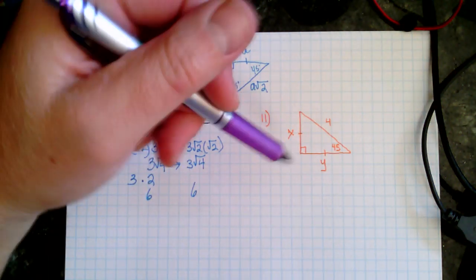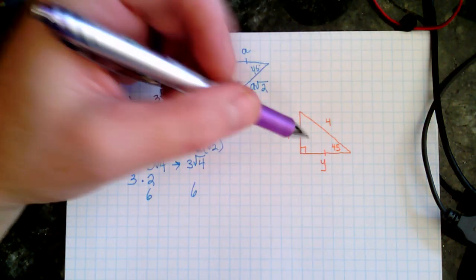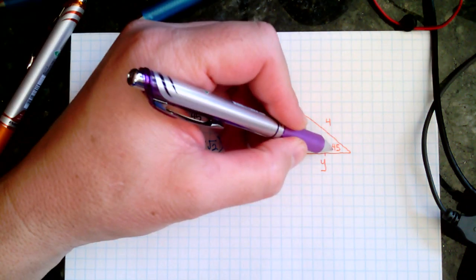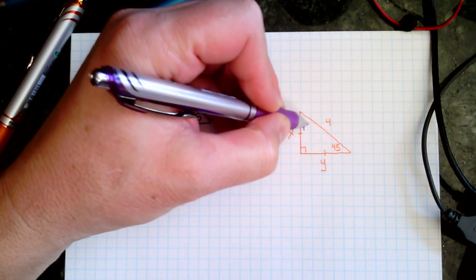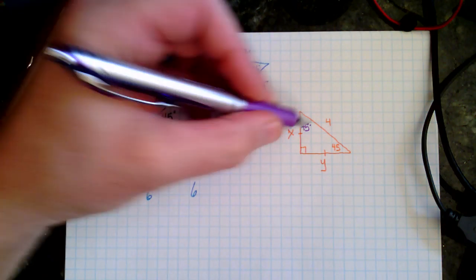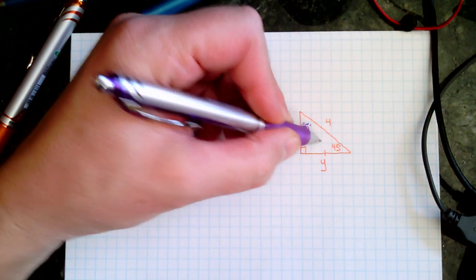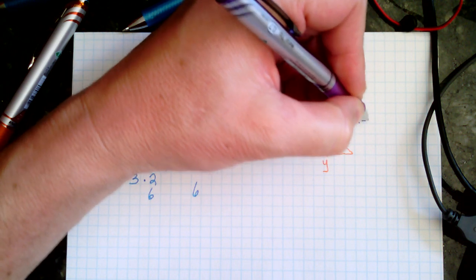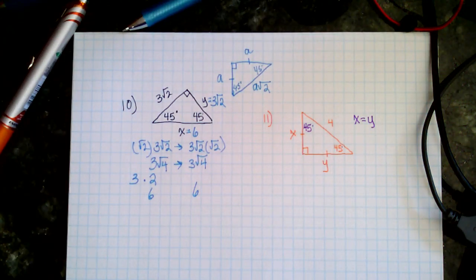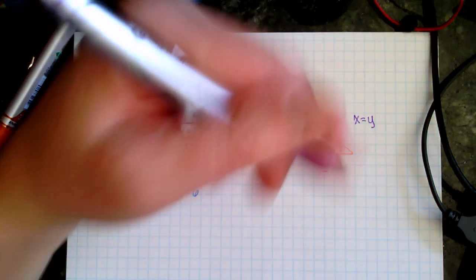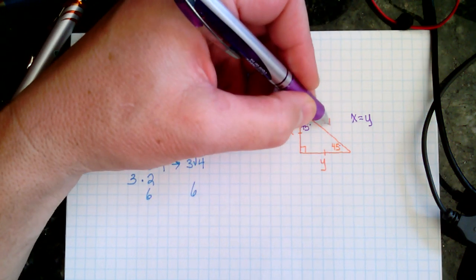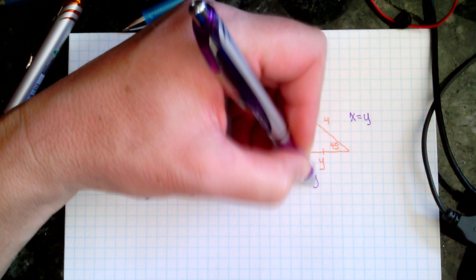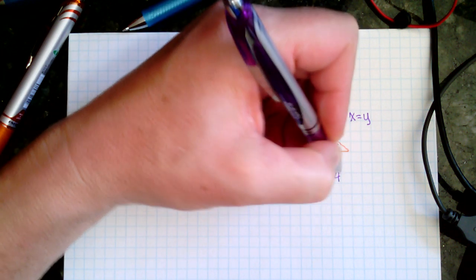Okay, in this scenario, problem number 11, 45, 45, 90 again. So this angle's 45 by no choice. These two base angles are the same, so the sides opposite those angles are the same. So in this case, x equals y. So I can do x squared plus y squared equals 4 squared.